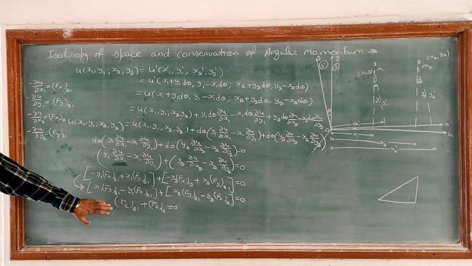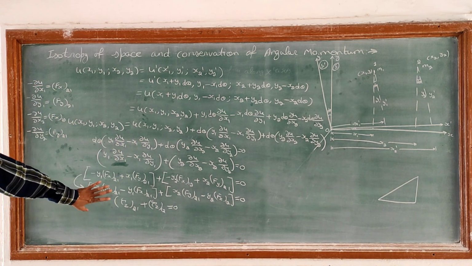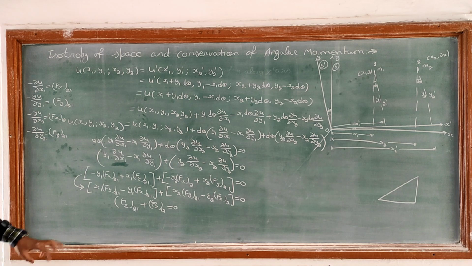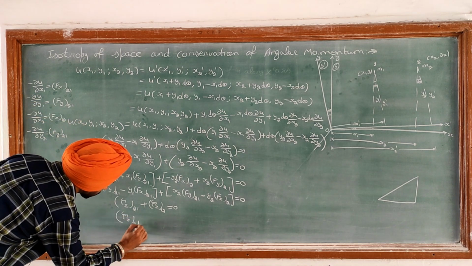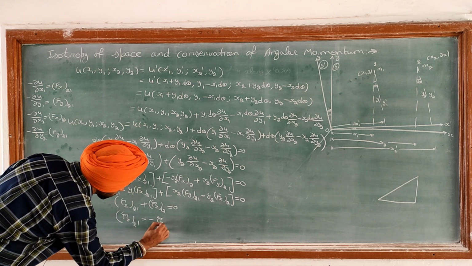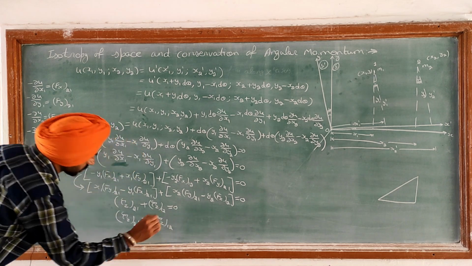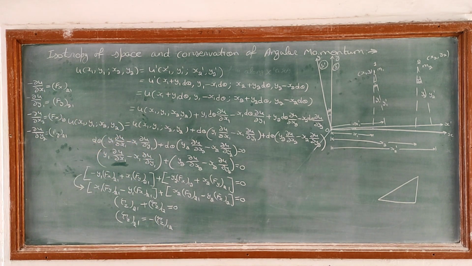How I write it, I will explain later. First we will rearrange this expression. So from here we can write tau z 21 equal to minus tau z 12. So it is Newton's third law as applied to rotational motion.